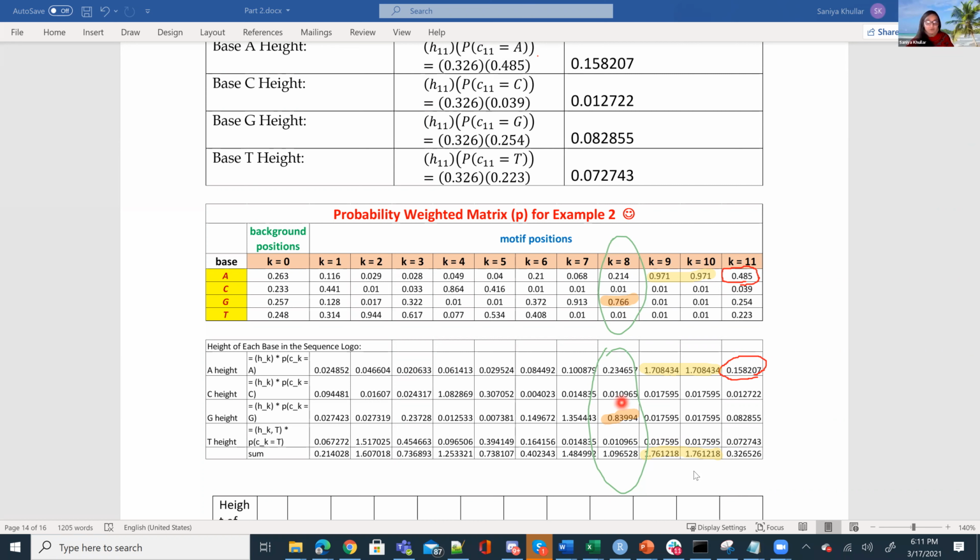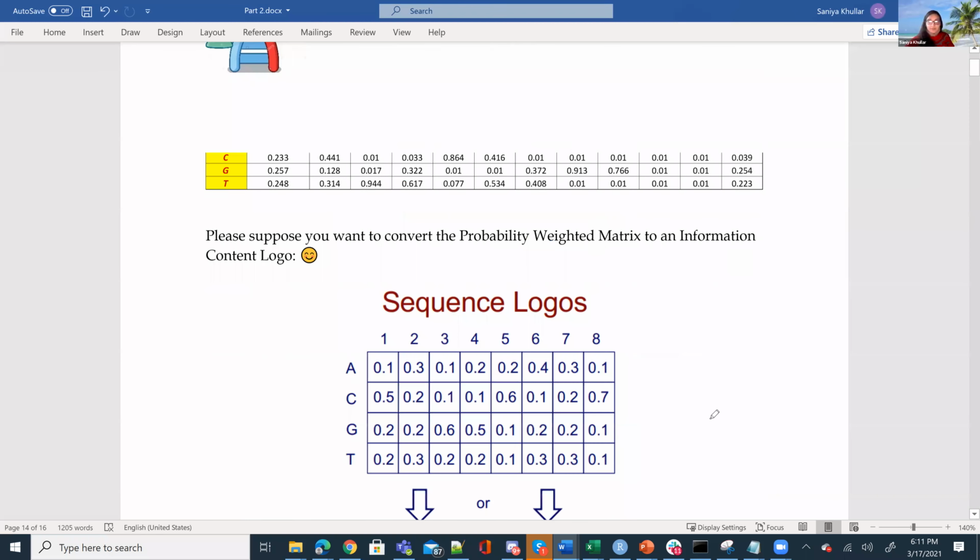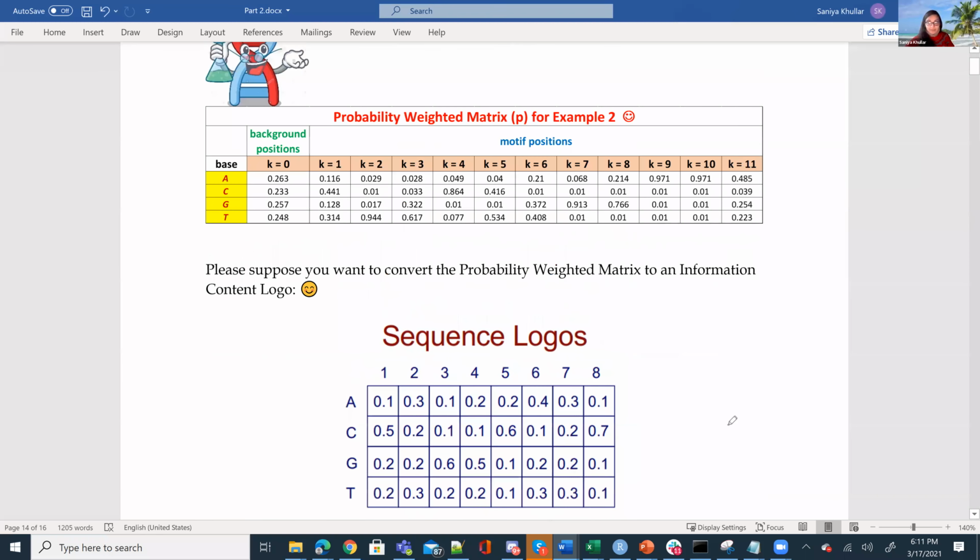So this ties together the observations that we talked about in the beginning, when we were first exploring how a sequence logo works. We see that the more information we have on a given base in a particular region, the higher the height. So if we know this is like 70%, the height is going to be super high.